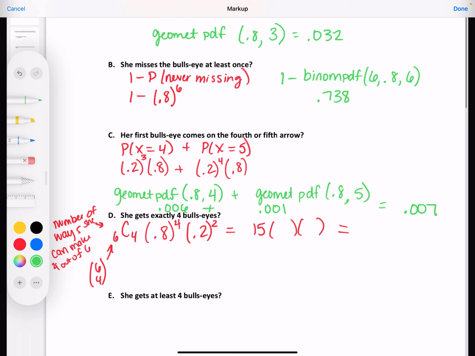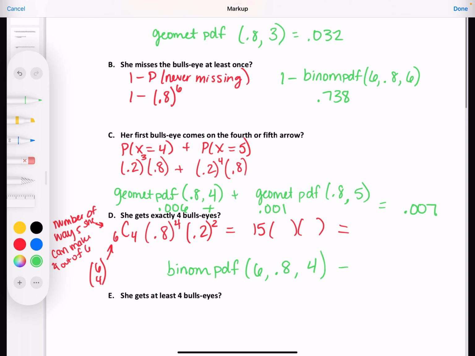And so binomial PDF, because that means an exact amount that she gets. So binomial PDF of 6. So it's 6 trials, success 0.8, and then she wants 4 successes.